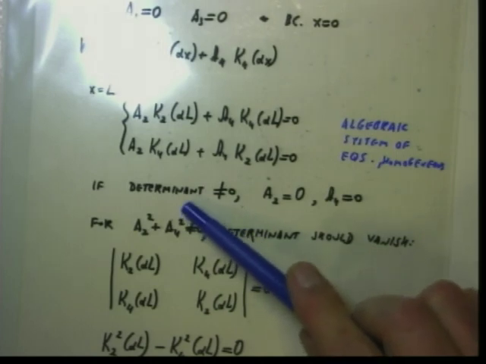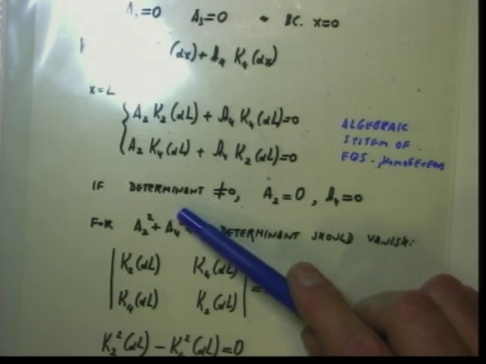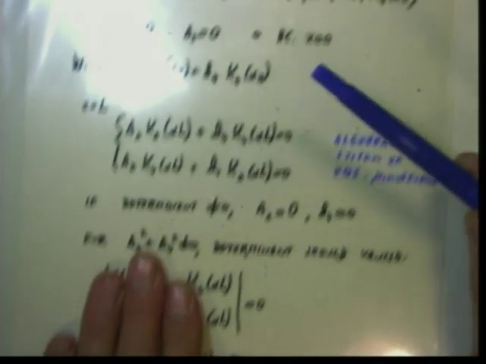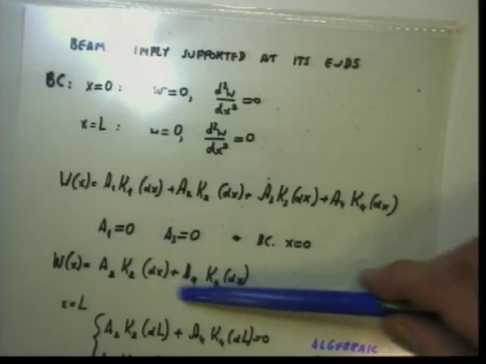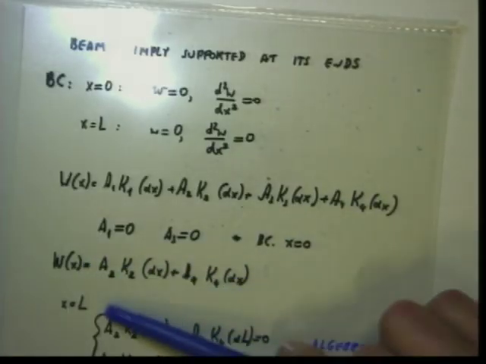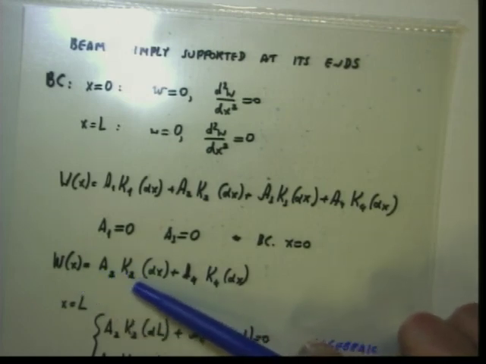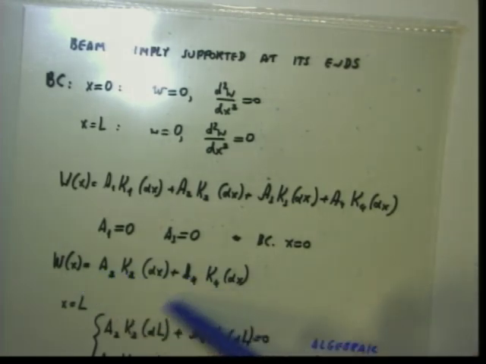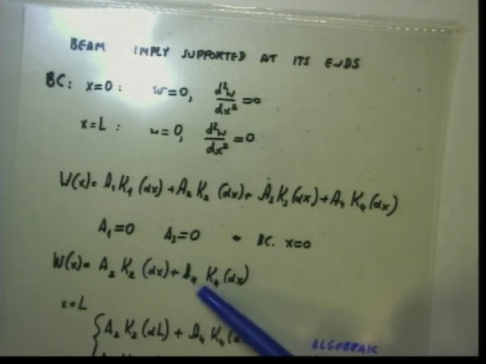Why? Because then W will be totally 0, because W is A2 times K2 plus A4 times K4. So then it will be 0 times this plus 0 times this, so that will be 0.